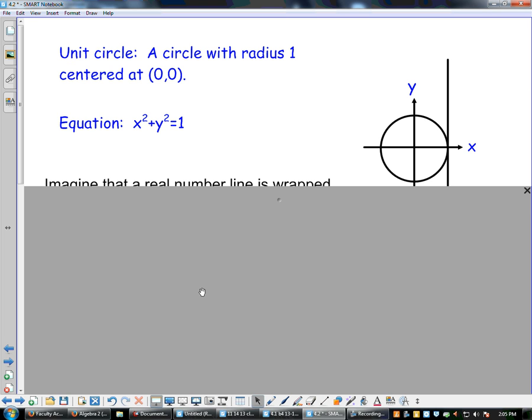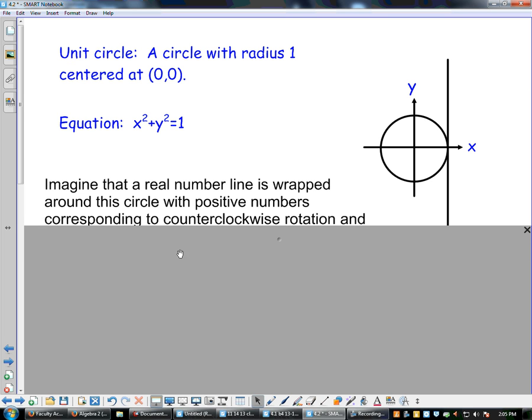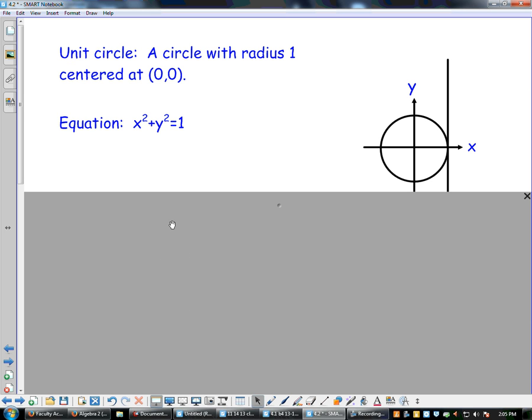First of all, what do we mean by a unit circle? A unit circle is a circle with radius 1, which is why we call it a unit circle. It's centered at 0, 0. The equation of such a circle, as you know from our study of circles earlier this year, would be x squared plus y squared equals 1.